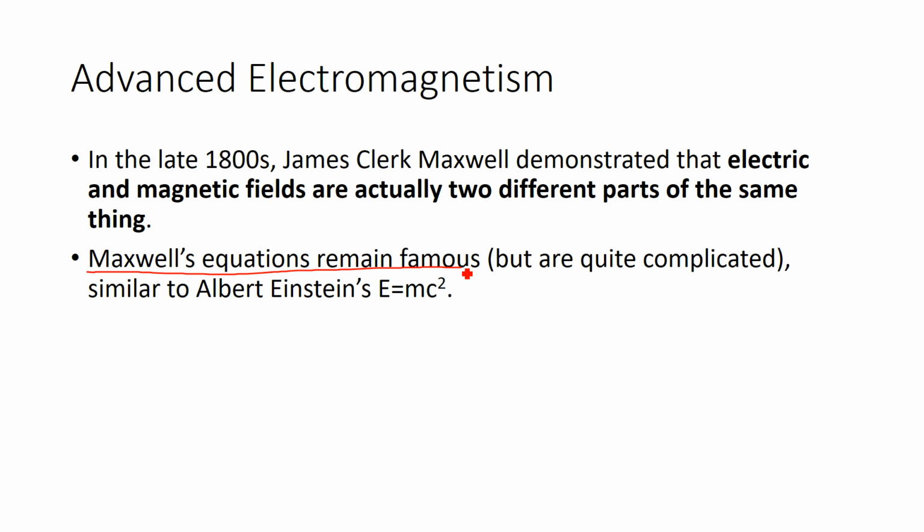They're similar to Einstein's theory of E equals mc squared. Albert Einstein was able to simplify it, although he still uses Maxwell's theories as well. Just to give you an idea.